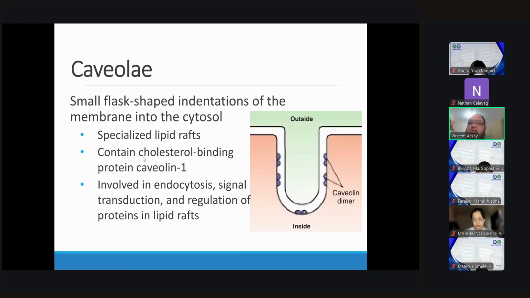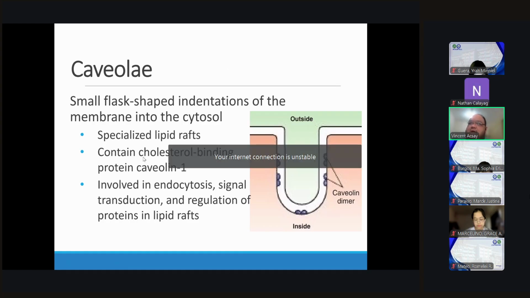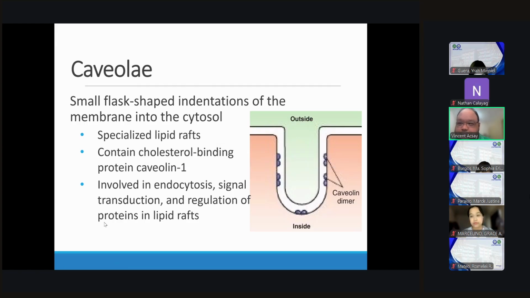To the cell, they are specialized lipid rafts, and their indentations are caused by the cholesterol-binding protein caveolin-1. What do they do? It's like a pocket for the cell membrane.